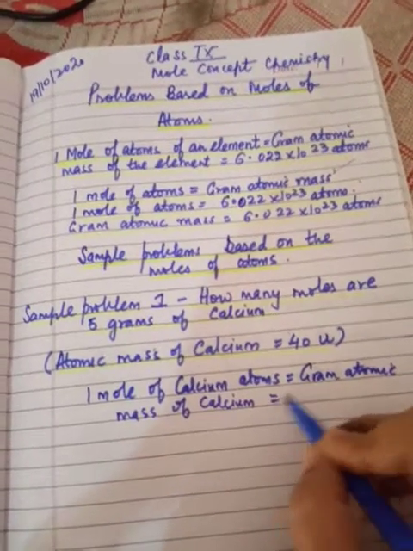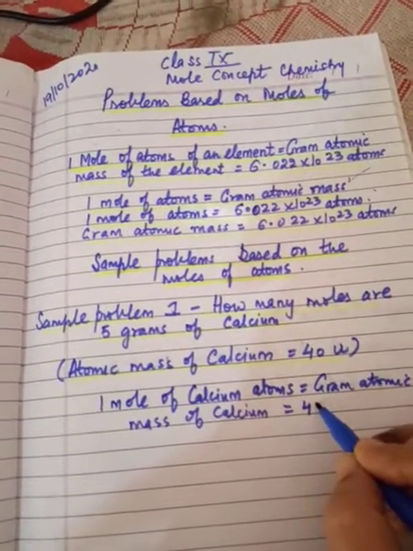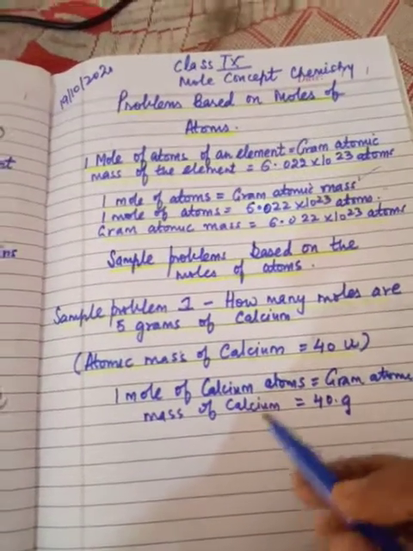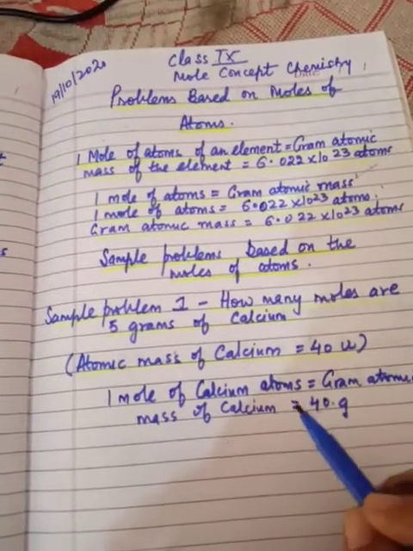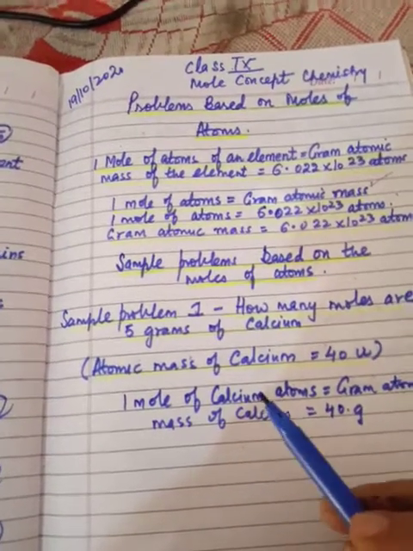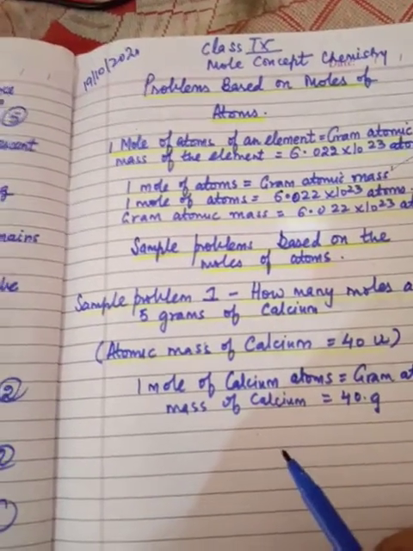Already it is given, that is 40 gram. Now 40 gram of calcium is 1 mole of calcium, and 5 gram of calcium is 1 upon 40 into 5 mole.